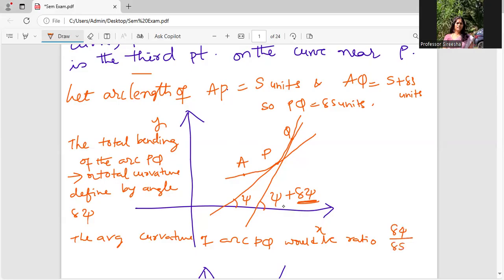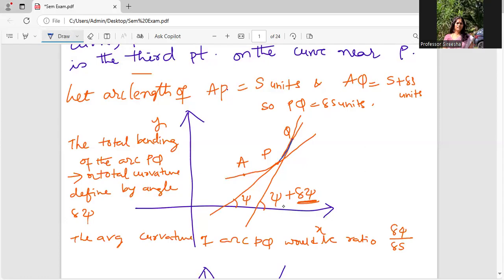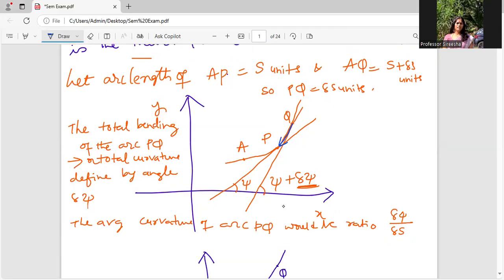As we all know, as we shift from P to Q, the rate of change, I will just rewrite it like this. That is limit Q tending to P of delta xi by delta s.